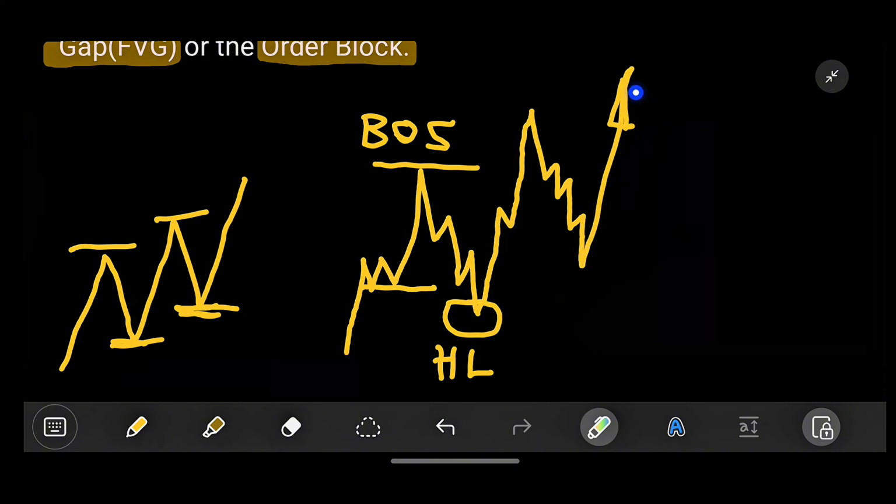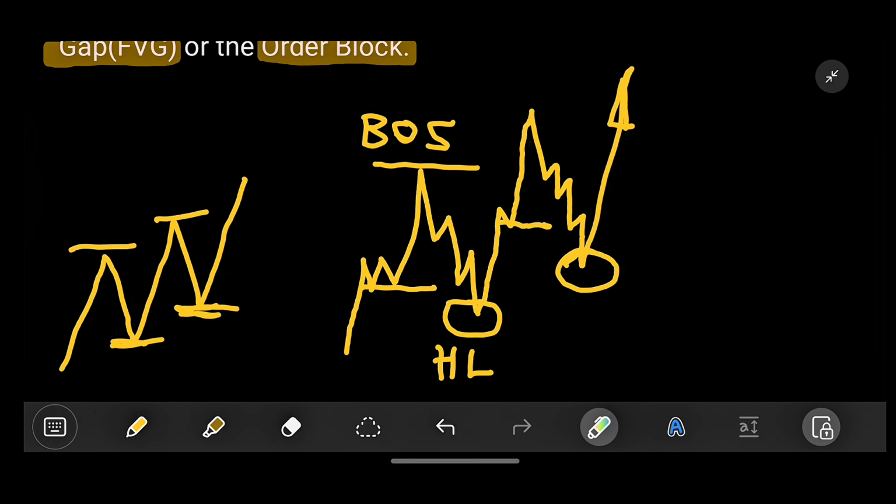While we are going up to take out this level at the top, we're taking out this liquidity and the liquidity that's at the top there. Once we take out this level and we print a new high there, we then expect price to come back down, take out this inducement that's there, reach an optimal trading price there, and then we continue to the upside.